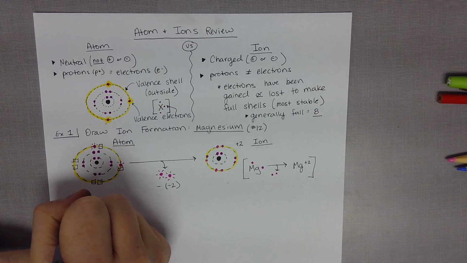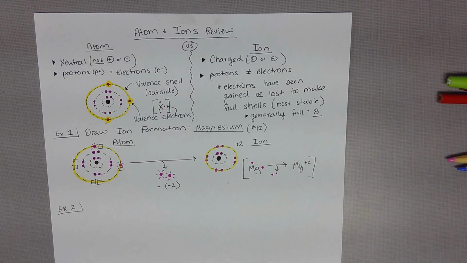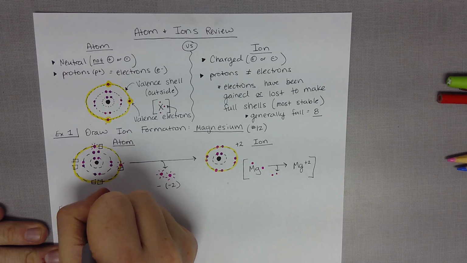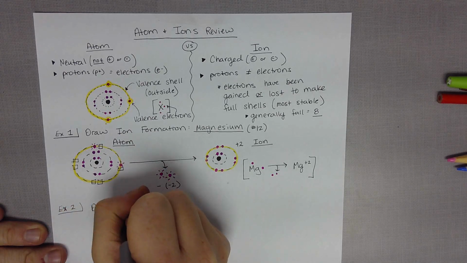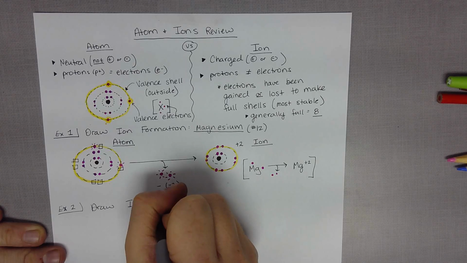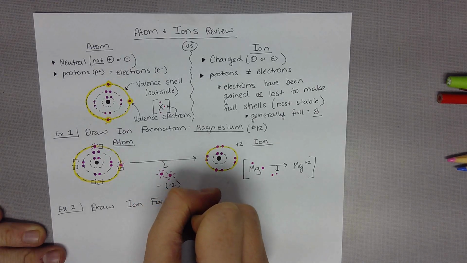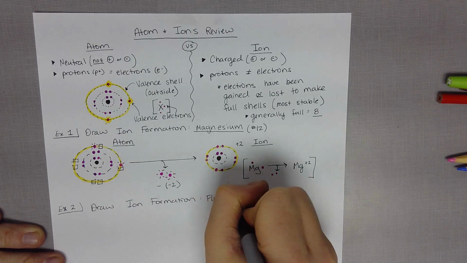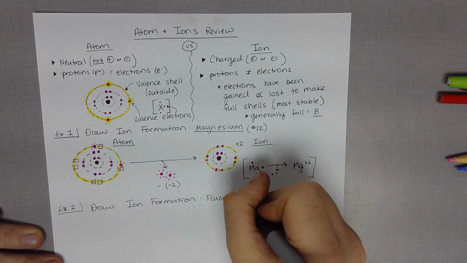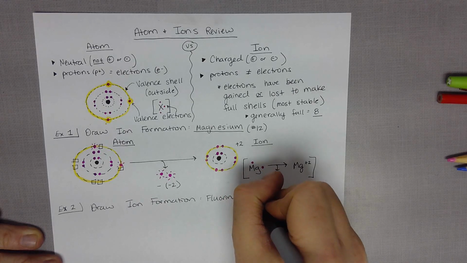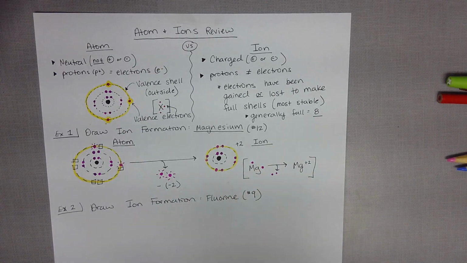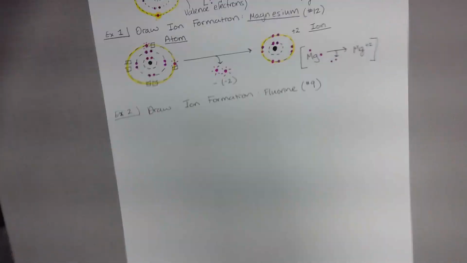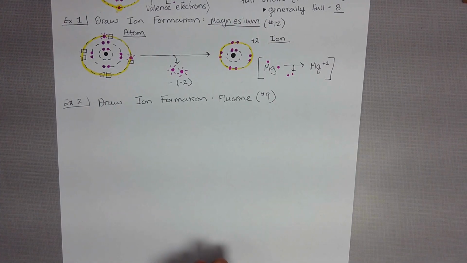See? The inverse of that would be a negative ion. So that's the pathway we're going to draw next. We're going to draw the ion formation for fluorine, which is element number 9. All right.